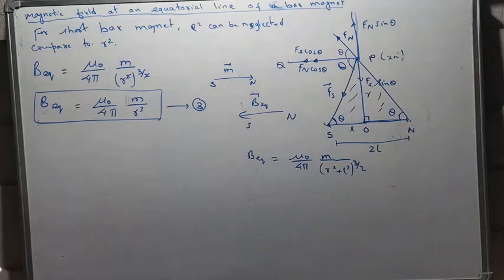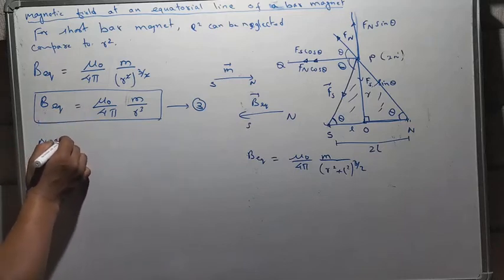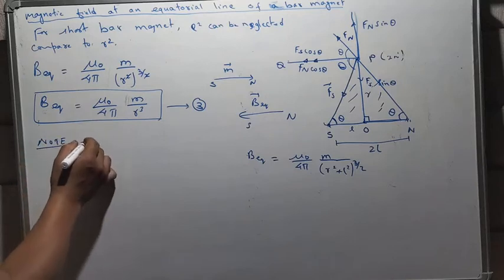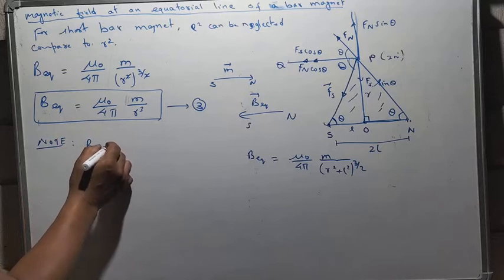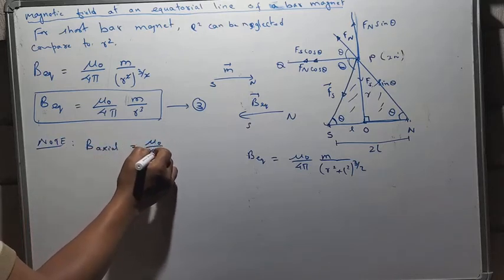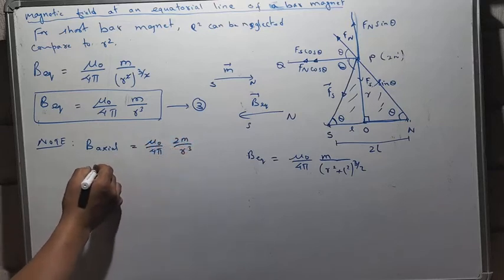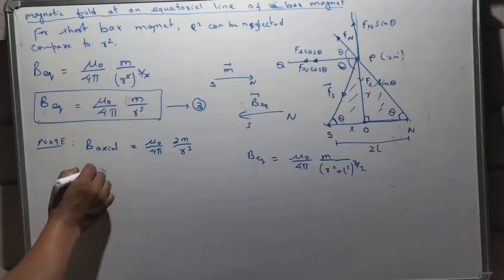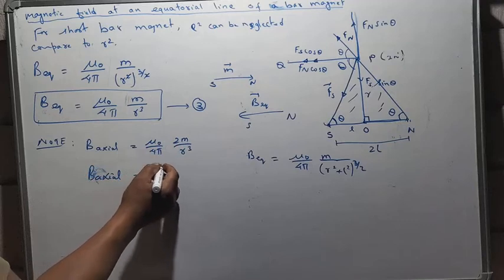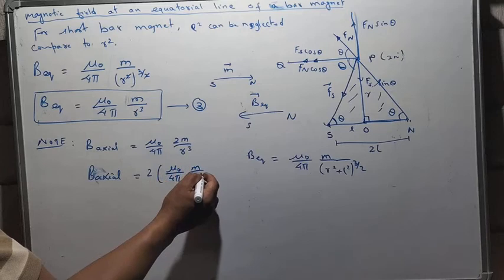Now if you remember, in the previous lecture video, we have seen that the magnetic field on the axial line is equals to how much? Mu naught upon 4 pi twice m upon r cube. And my B axial, if you take this factor 2 in front, then you'll have mu naught upon 4 pi m upon r cube.